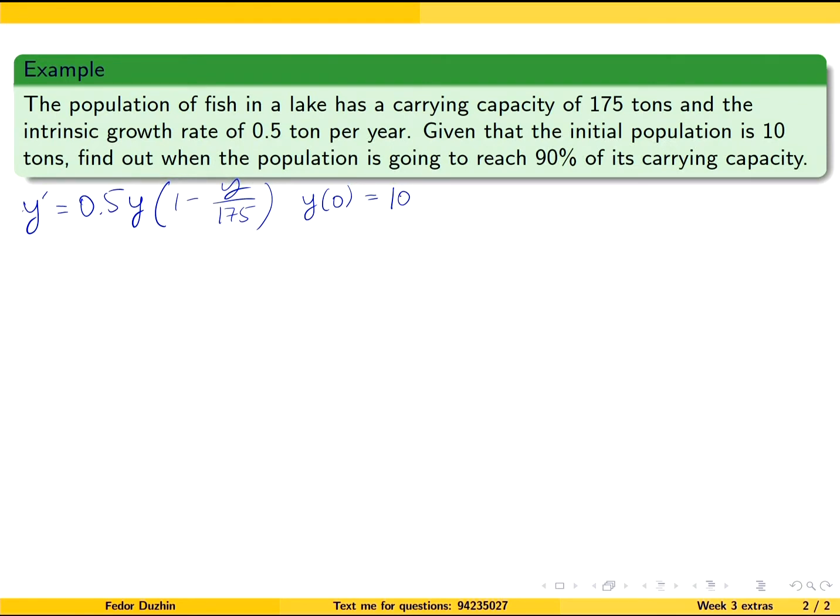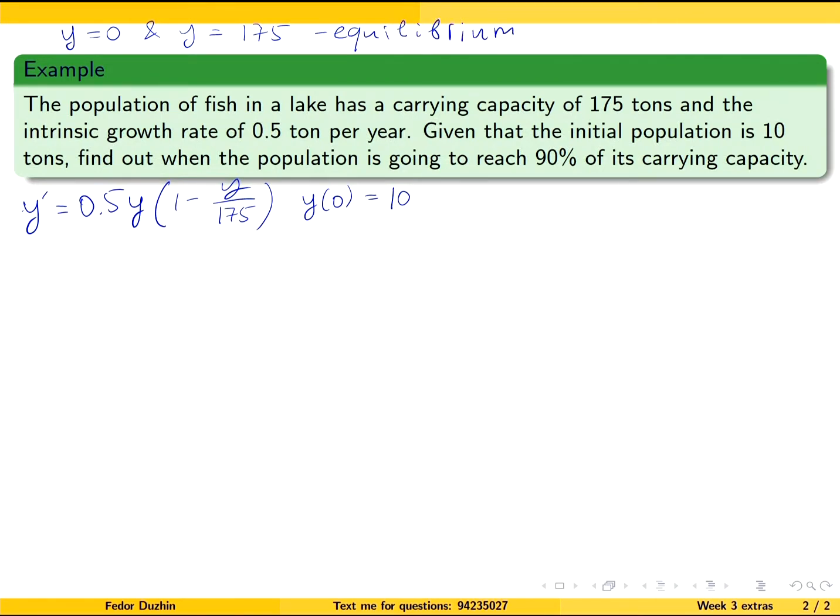Alright, so let me first of all review some facts about the logistic differential equation. It has two equilibrium solutions, y equals 0 and y equals 175.